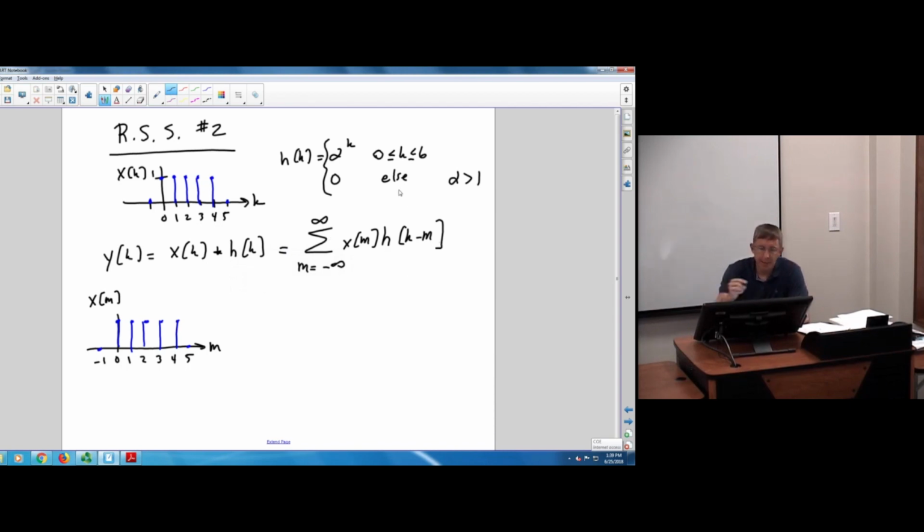So let's go through the steps. First, let's just plot h of m. It's 0 everywhere except from times 0 to times 6. So it's a function of m. That's minus 1, 0, 1, 2, 3, 4, 5, 6, 7.